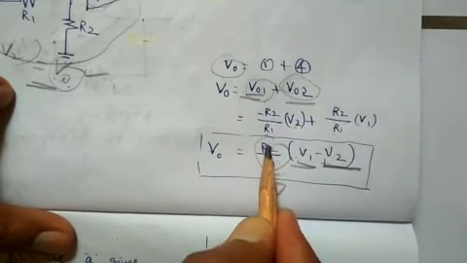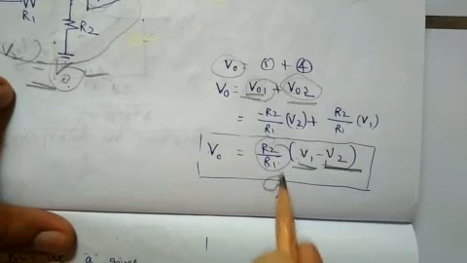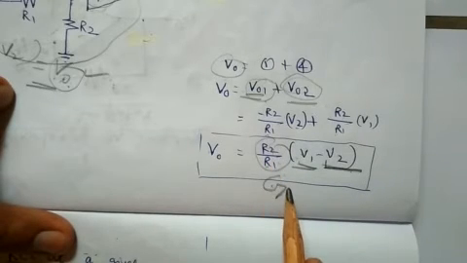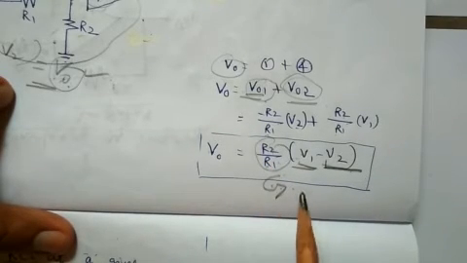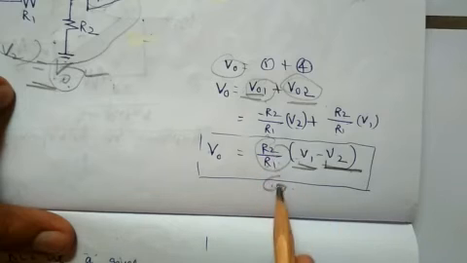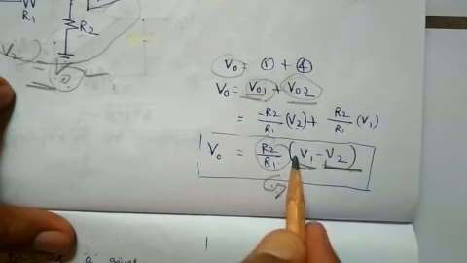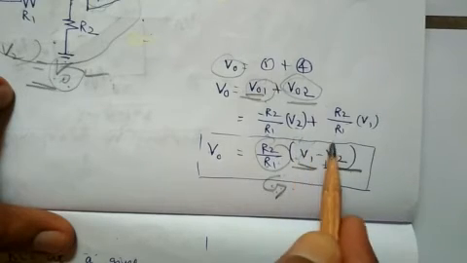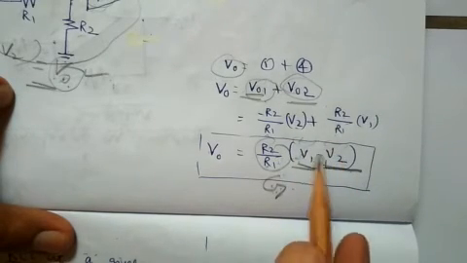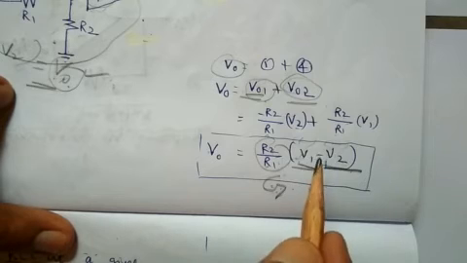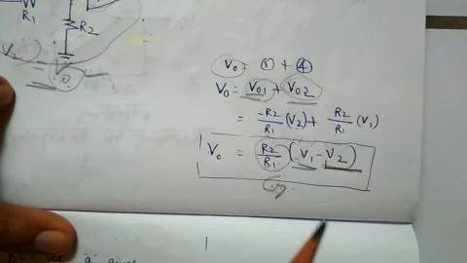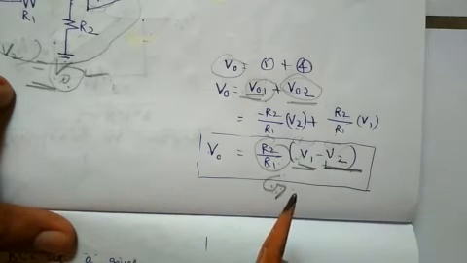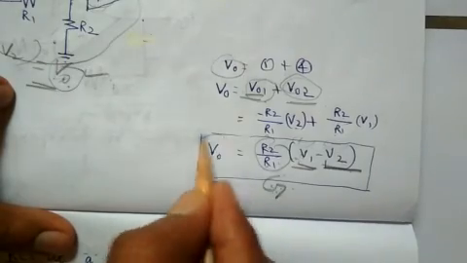By properly choosing R2 and R1, you can fix the gain factor to 1, 10, 100, whatever you want. By fixing this gain and by finding the difference between the two input signals applied at the plus terminal, the non-inverting terminal, and the inverting terminal, you'll be able to amplify the difference to the required level, and that is going to be your output.